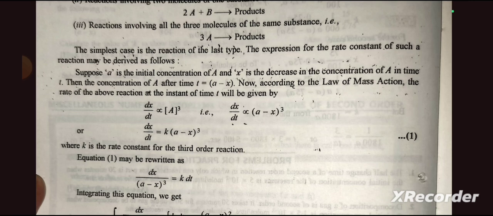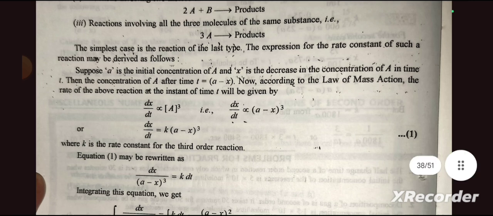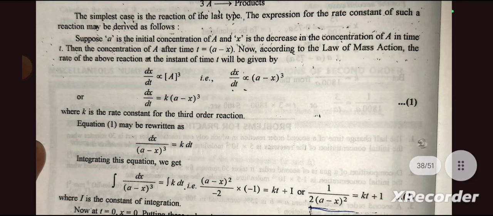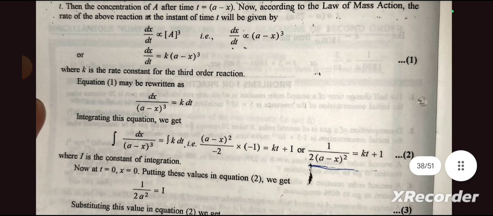Now, according to the law of mass action, the rate of the above reaction at instant of time t will be given by dx/dt directly proportional to a cube, that is dx/dt directly proportional to (a minus x) cube, or dx/dt is equal to k(a minus x) cube, where k is the rate constant for the third order reaction.